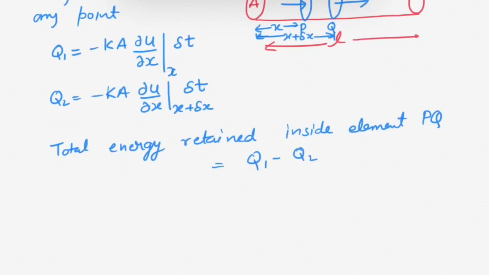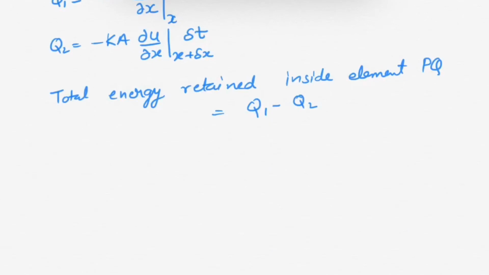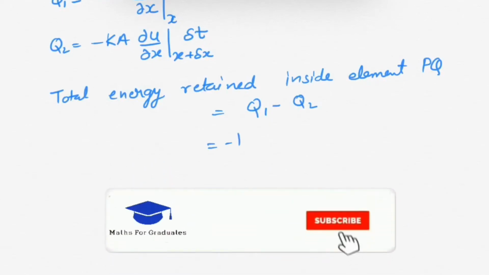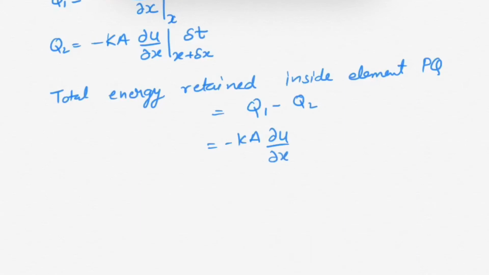Now putting the values of Q1 and Q2, on putting we have minus K A del U over del X at point X into delta T plus K A del U over del X at point X plus delta X into delta T, and this is heat energy.